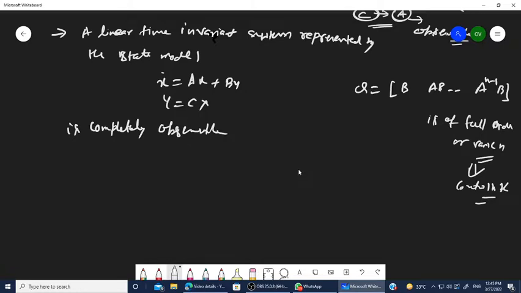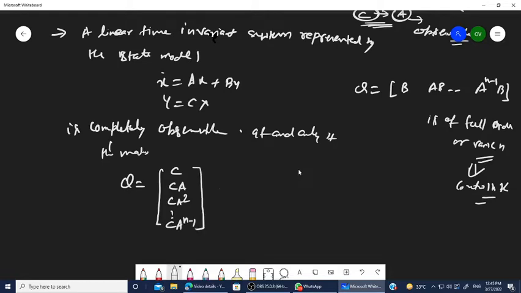The system is completely observable if and only if the matrix, in case of observability, since the output matrix C is going to determine the state matrix, the observability matrix C, CA, CA square, up to CA to the power n minus 1 has full rank n, and it will decide the observability of the system.